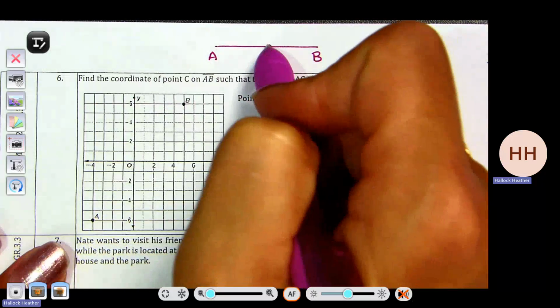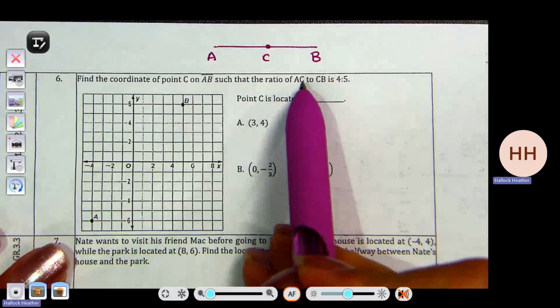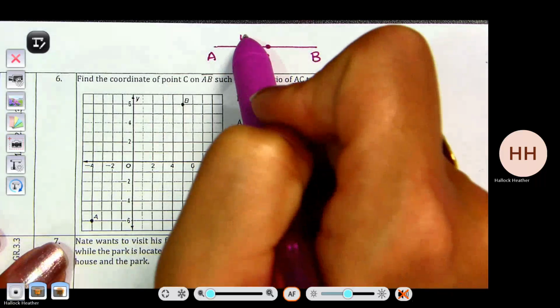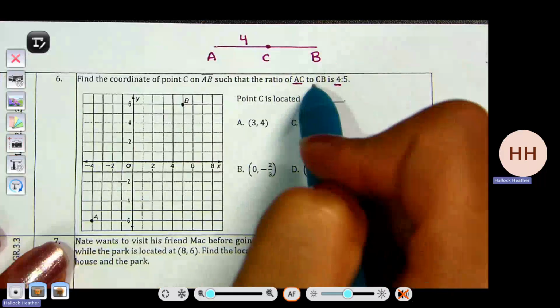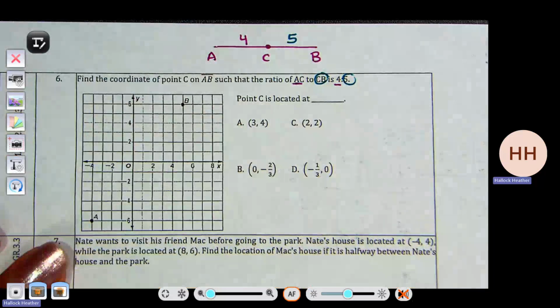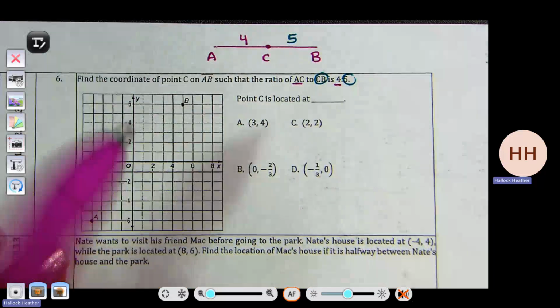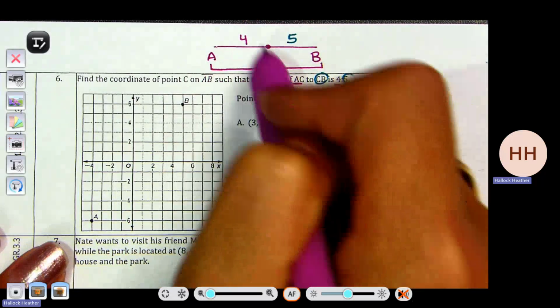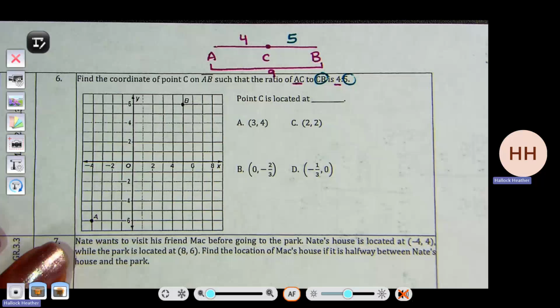C is somewhere in the middle, and then it tells me the ratio. A to C is 4. C to B is 5. You need to figure out, is your fraction 4/5, or do I need to add it together? We always need part to whole. So in this case, we're going to add them together.